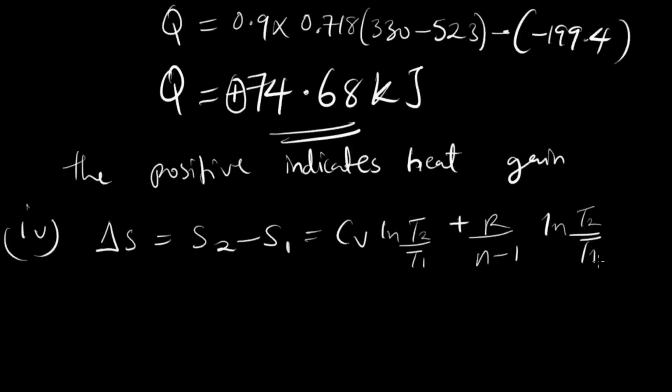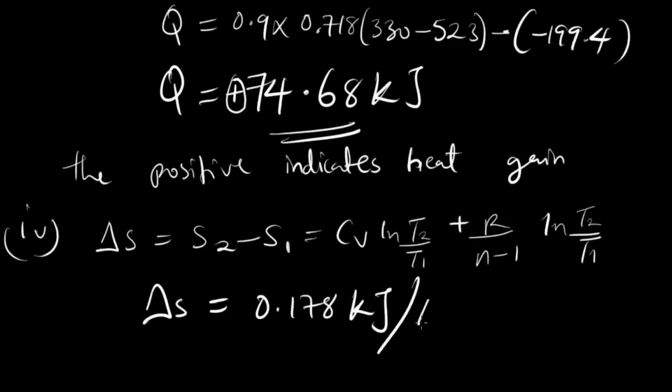So when you input the value of R, Cv, T2 and T1, you have that the change in entropy will be 1.78 kilojoule per Kelvin, because there's a mass here. So when you multiply it by the mass, you will get that.